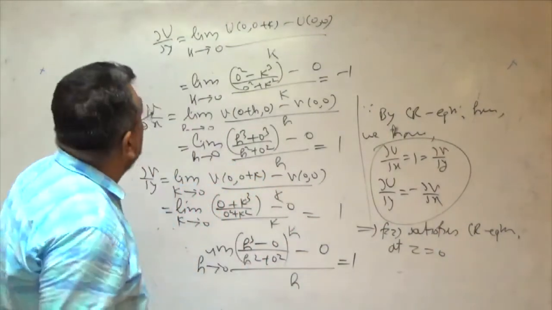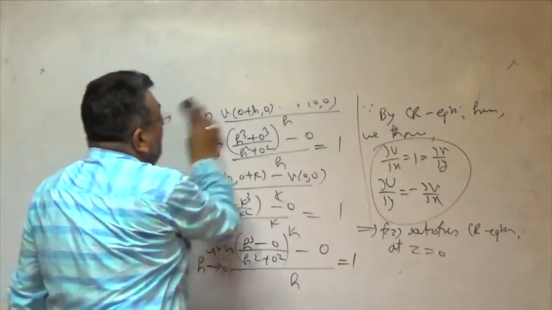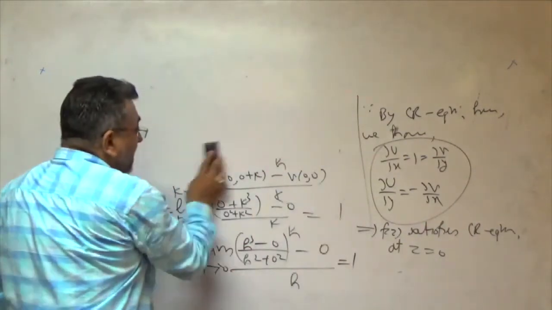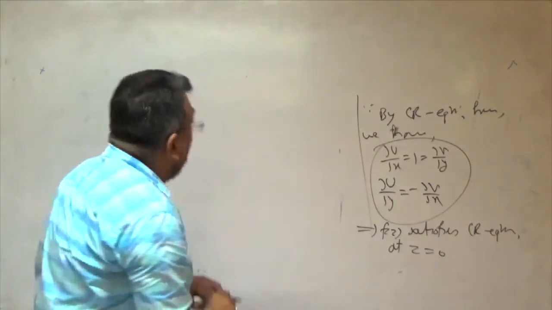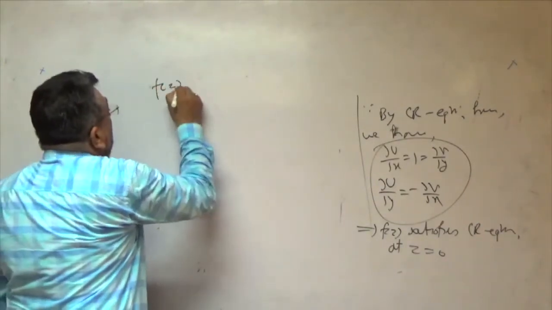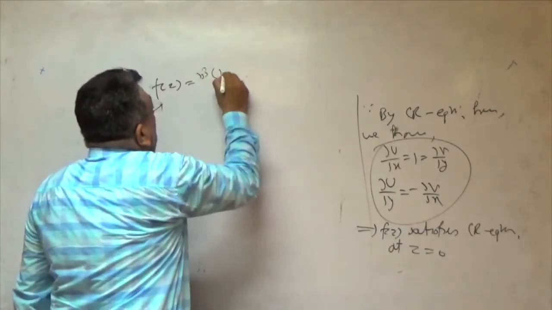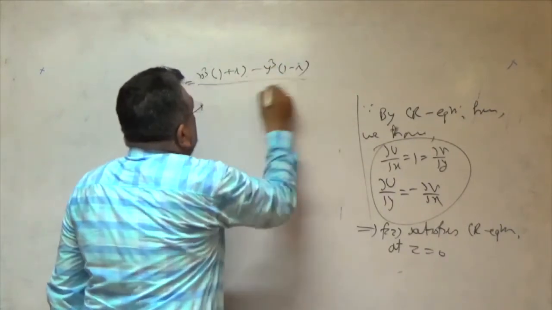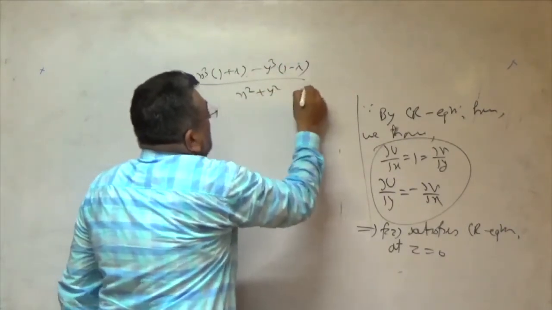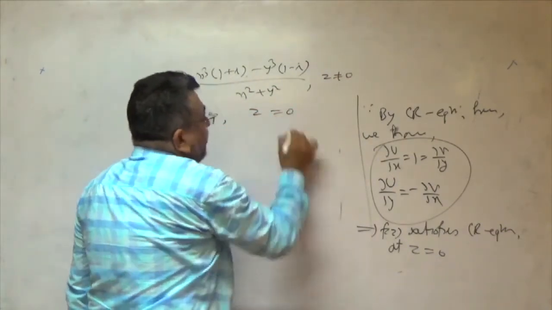So in the second part of the question, we have to check whether the function is differentiable at the origin, at z equal to 0. We have the function, what is the function? f(z) equals (x cube (1 plus i) minus y cube (1 minus i)) upon (x square plus y square) when z is not equal to 0, and this is equal to 0 when z equals 0.